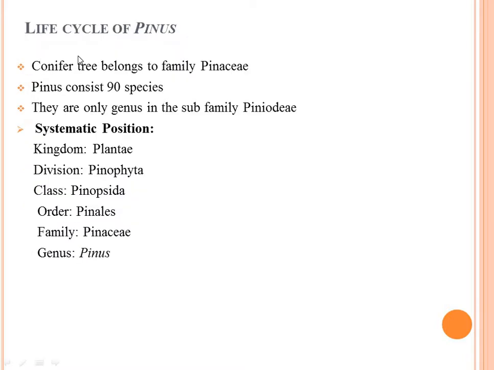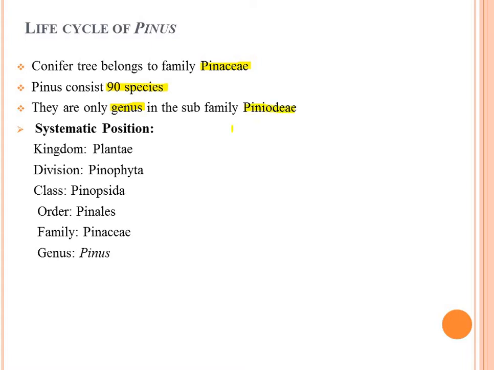See the life cycle of Pinus. Actually, Pinus belongs to family Pinaceae, and there are about 90 species of Pinus found worldwide. Pinus is the only genus in subfamily Pinoideae.